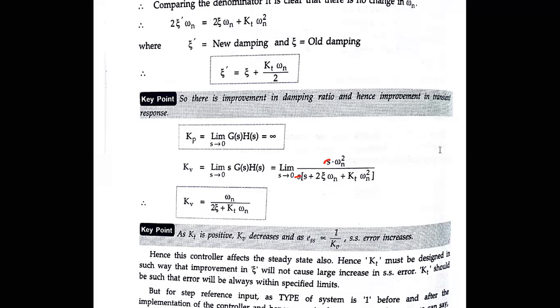So it is just like omega n square divided by, so what is left here? In the denominator, let us take omega n as the constant part, so it is just like the bracket.